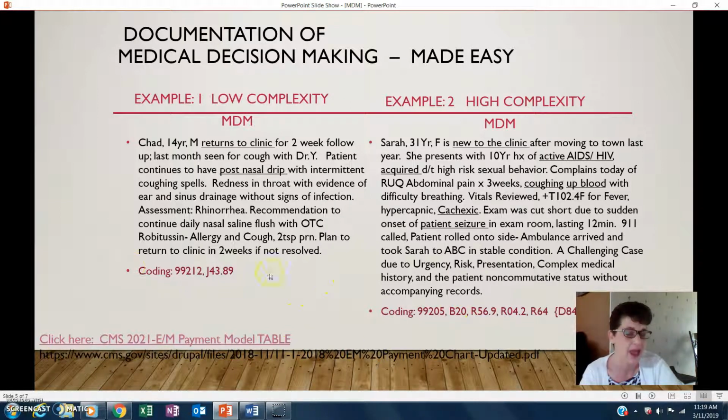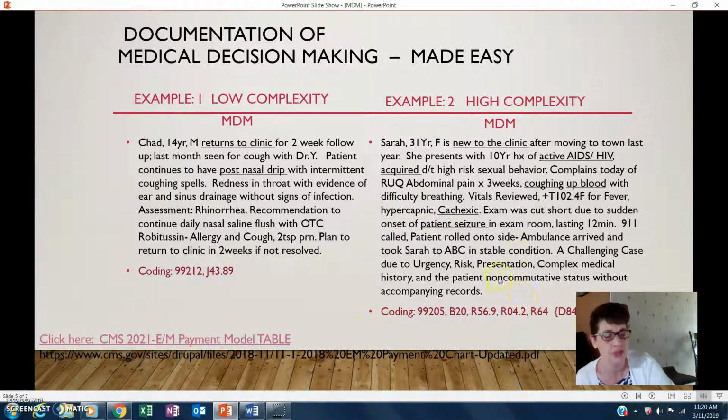But I want to point out the hierarchy of the diagnosis coding: because of the AIDS infection, that is always primary if it's active, and then the manifested conditions and morbidities are coded afterwards. In this case, it's only symptoms because there was no final assessment or diagnosis actually made, because the patient was transported to the hospital in an emergency state.